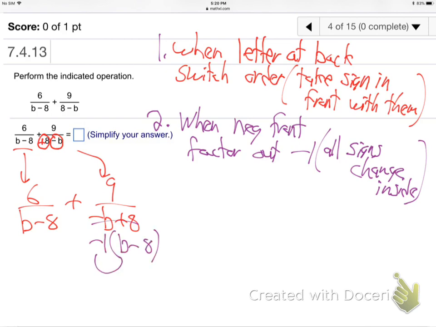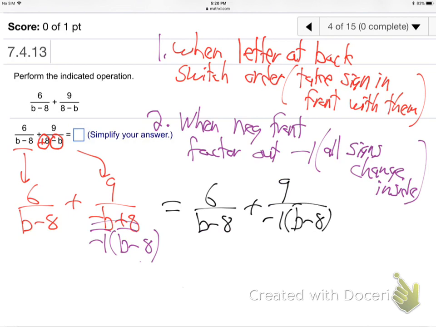If I multiply -1 times b, go back to negative b, and negative times negative, go back to positive 8. So it's right, -1 times b minus 8. So what becomes of this? 6 over b minus 8 plus 9 over -1 times b minus 8.